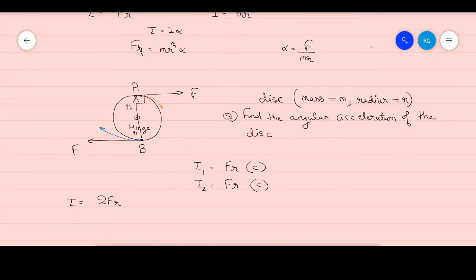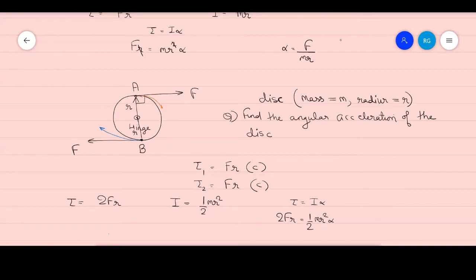And as this is a disk, the hinge is passing through the center. So the moment of inertia will be half mr square because it is for the disk. So torque is equal to I alpha. Now torque is 2Fr, I is half mr square, into alpha.